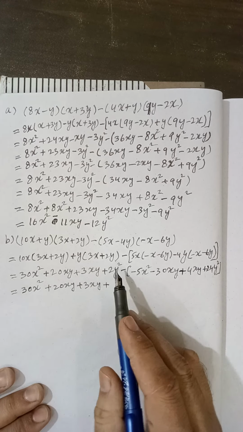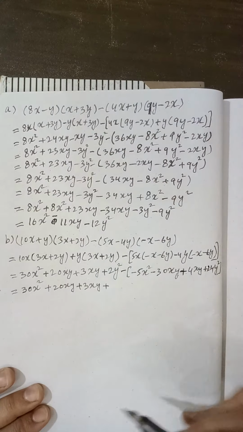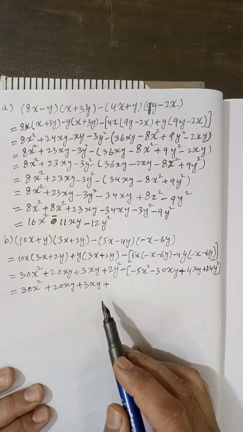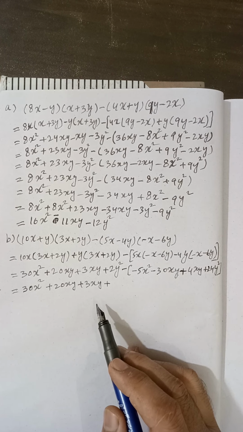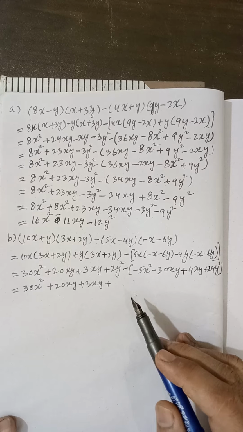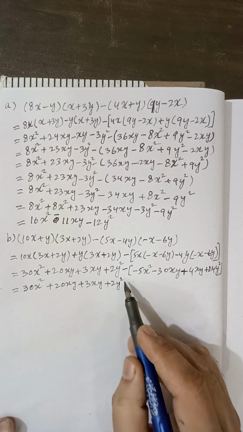Dear student, listen again. You can solve this question in the same way as I have done A part, but here I am doing a different method so that you may understand that we can try any other method as well. Therefore I am solving it in a different way.